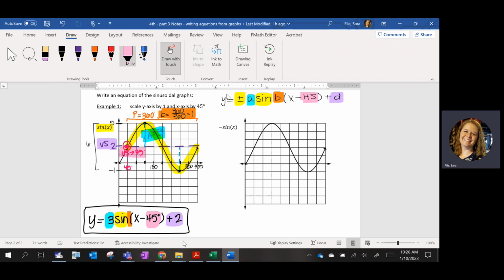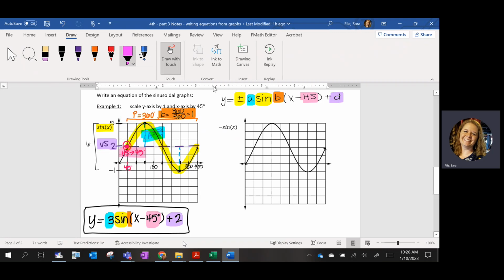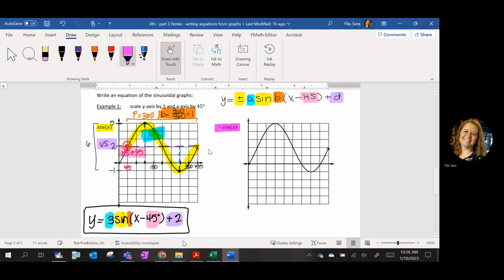Okay. Now, right by it is the exact same graph, but this time they want us to write it as negative sine instead of positive sine. So the only thing that will change when you change the trig function, or whether it's positive or negative, would be this in yellow.